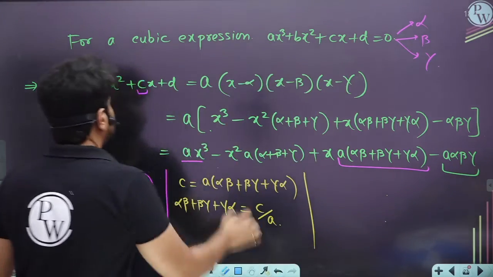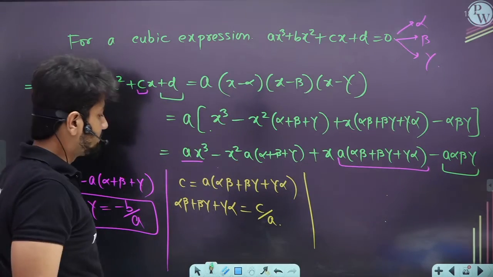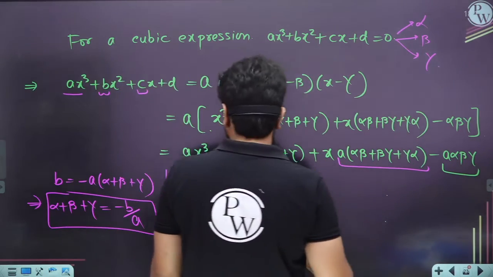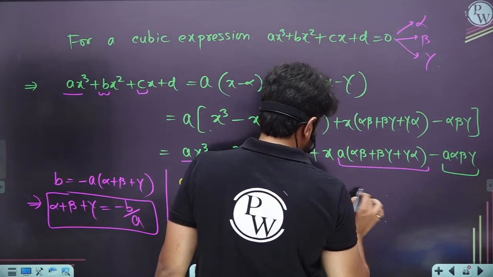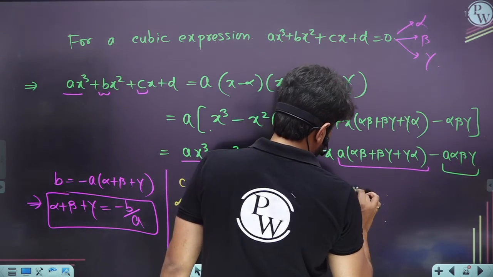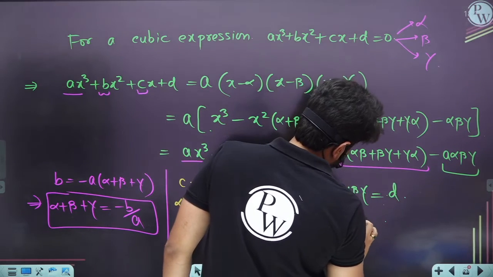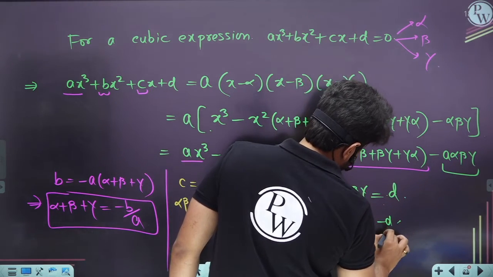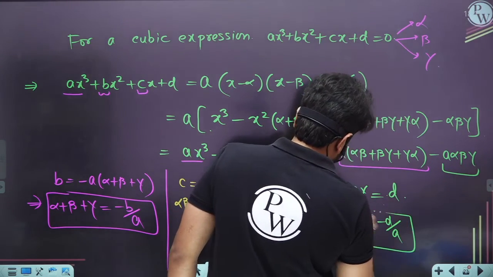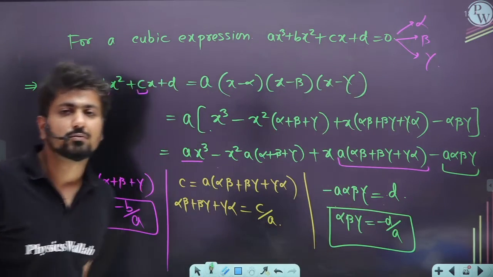Third thing, comparing these two terms, the constant term. Here the constant term is plus d. So minus a times alpha beta gamma is equal to plus d. So the value for alpha beta gamma is equal to minus d upon a. This is known as product of roots.